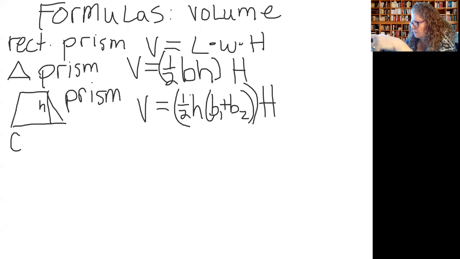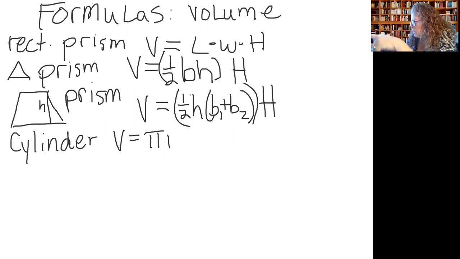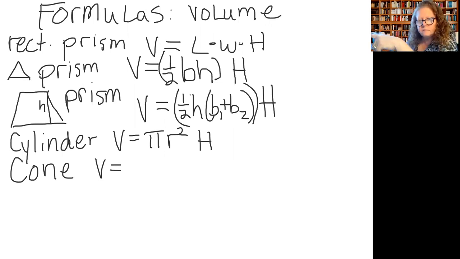And then your cylinder volume is equal to pi r squared times h. Your cone volume is equal to basically 1/3 of your cylinder, pi r squared h.